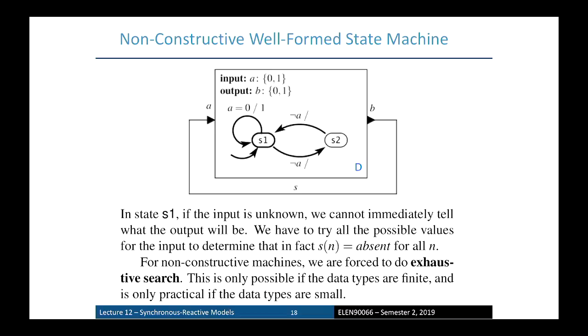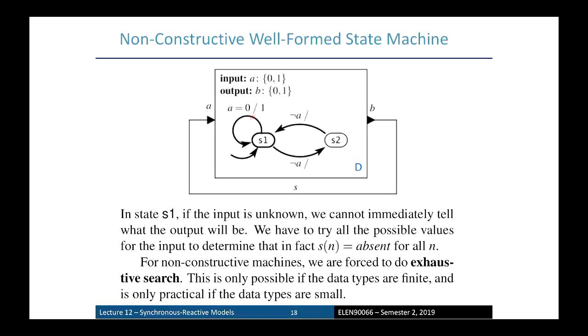But we can do an exhaustive search. It doesn't work for A being unknown, so let's try all possible values of A and see what happens. Let's try a fixed point, A equals 0. We know it's this one here, the output's 1, ooh, no, that's not a fixed point. Okay, A equals 1, is that going to work?